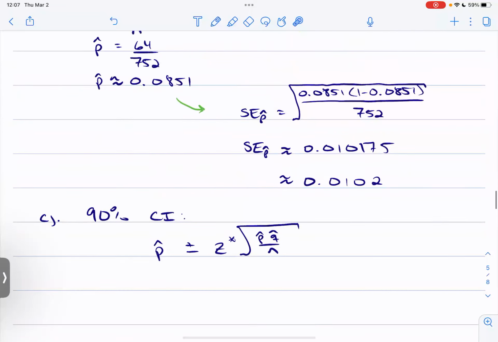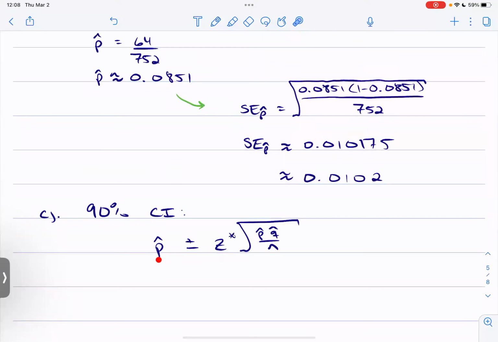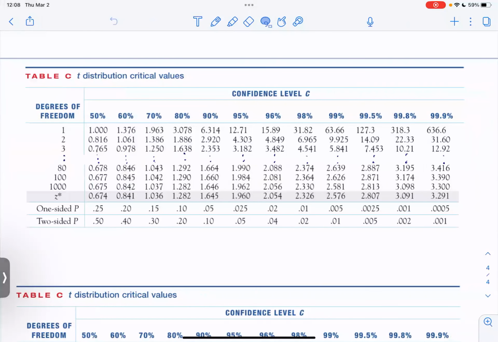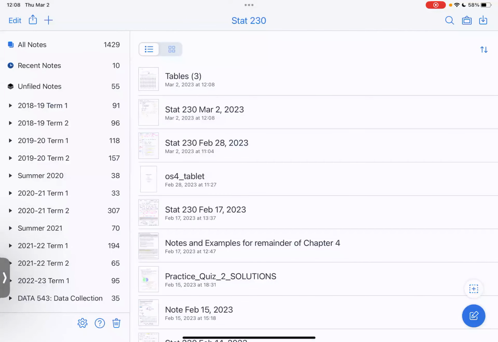We know p hat is 0.0851, and we know the square root of p hat q hat over n is 0.0102. And so all we need is z star. Now from the table, bring it in here.